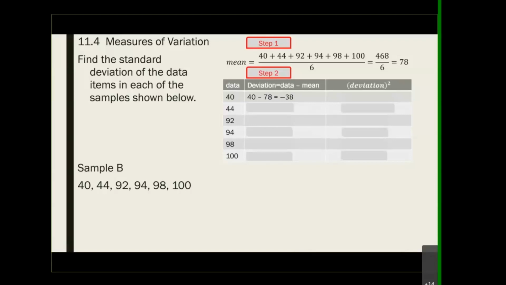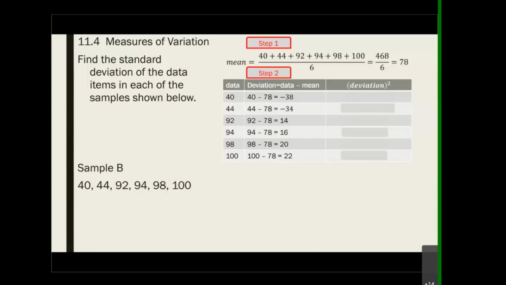And 44 minus 78, you have negative 34. Meaning your numbers are humongously big compared to sample A. In sample A, your numbers are like negative 5, negative 3, 1. This one, you have negative 38, negative 34, 14, 16, 20, and 22.